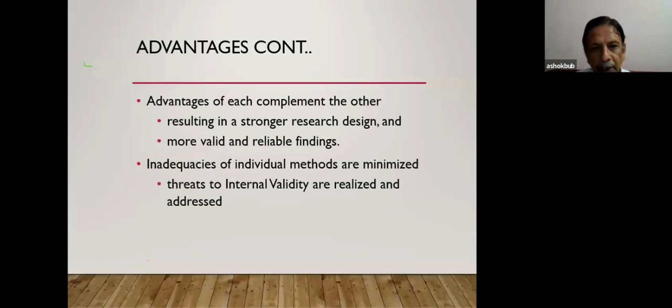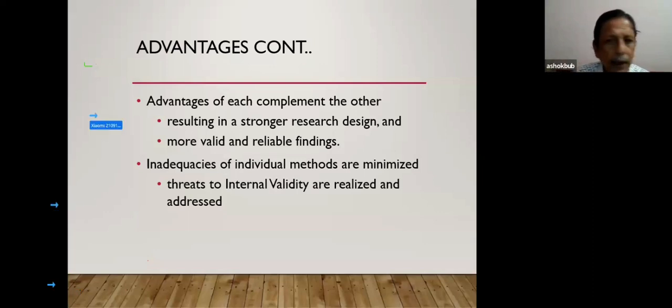Continuing with the advantages of triangulation: the methods complement each other, resulting in a stronger research design and more valid and reliable findings. For example, you use a quantitative method, arrive at particular data and a conclusion, and then you also take outliers.